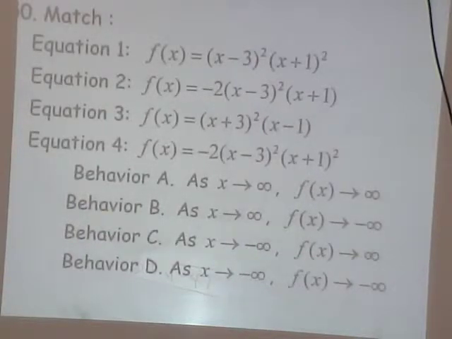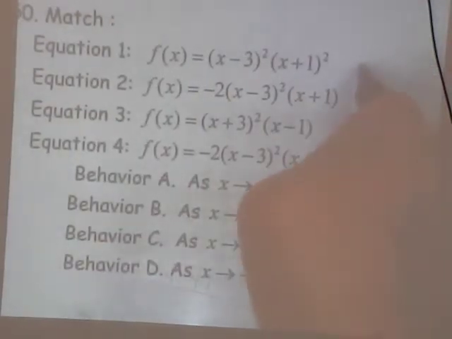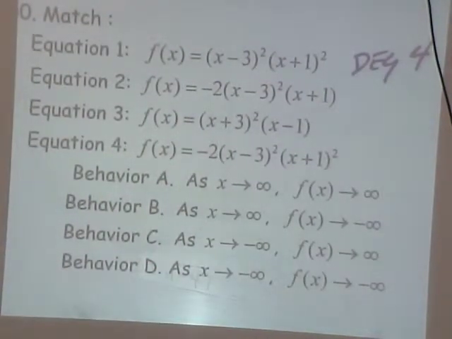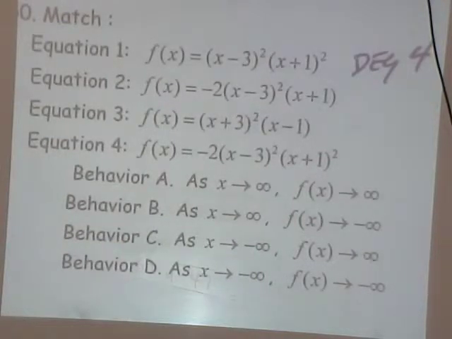Okay, so these are not in standard form. What's the degree of equation 1? It's going to be degree 4, right? And is my leading coefficient going to be positive or negative? It's going to be positive 1, right?